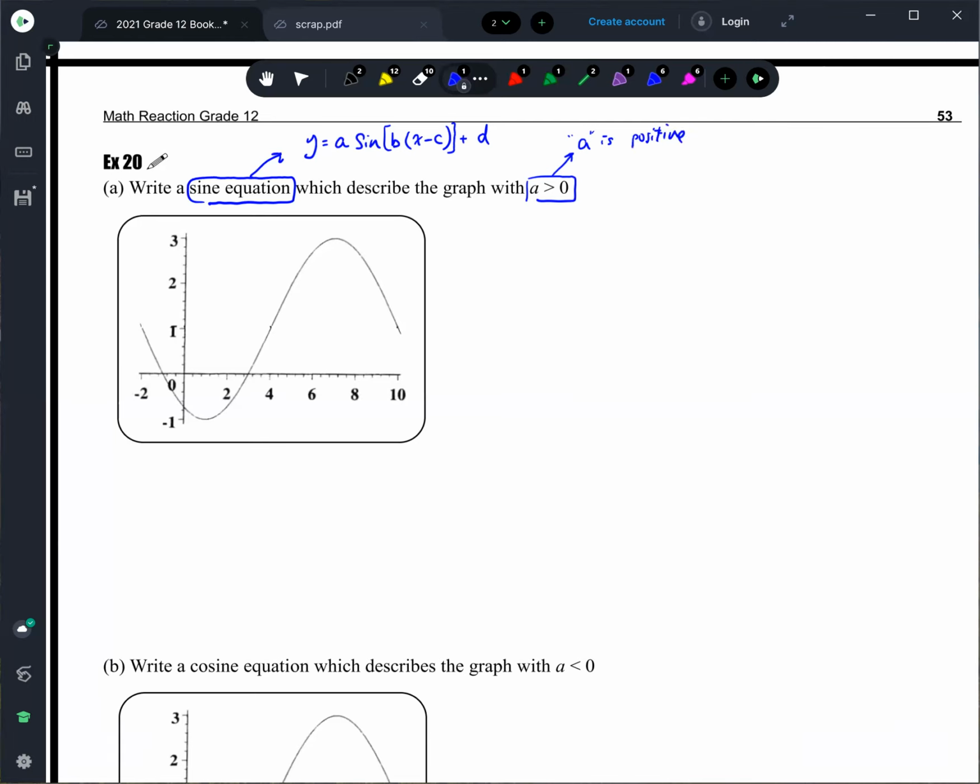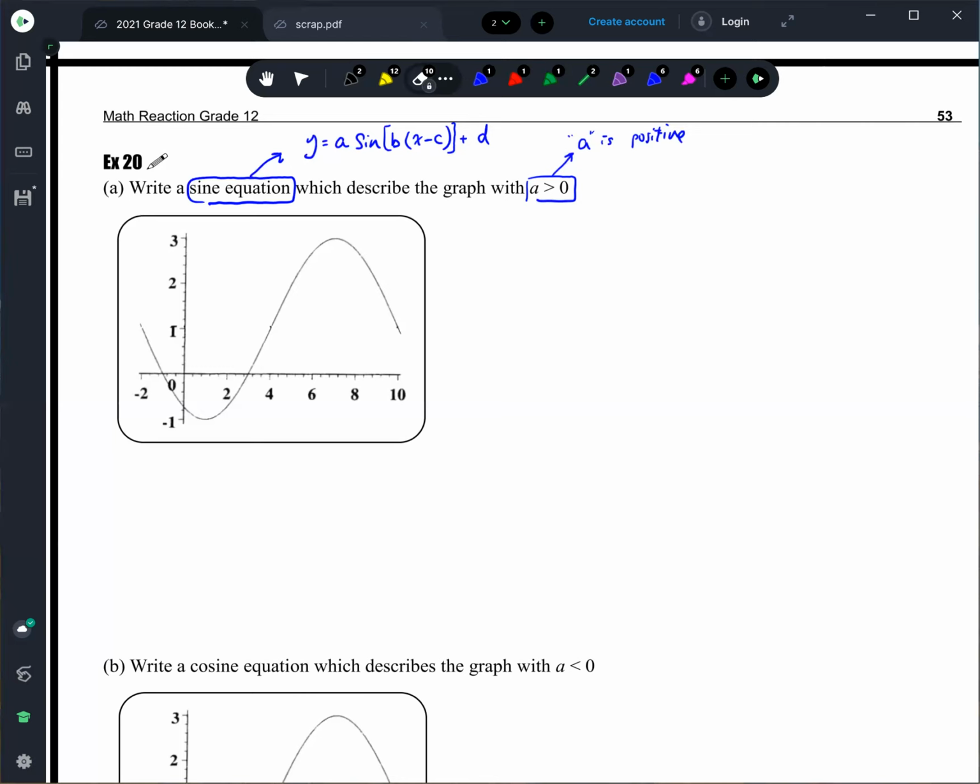What does A control? Whether it's positive or negative, what does it mean? If A is negative, what happens? Daniel? What's the use of A? Reflection. Yeah, reflection over the y-axis? Over which axis? The x-axis.